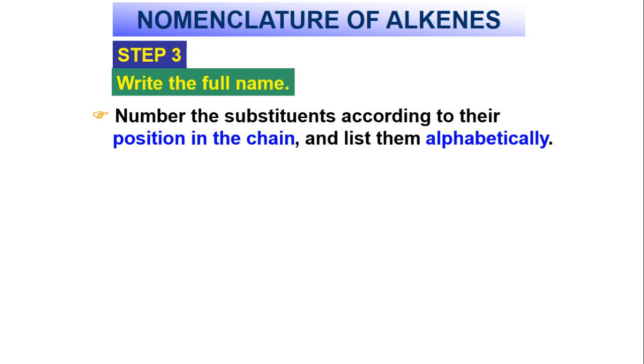There is a very important point: number the what? The substituents. These substituents are the branches that might exist in that particular molecule.